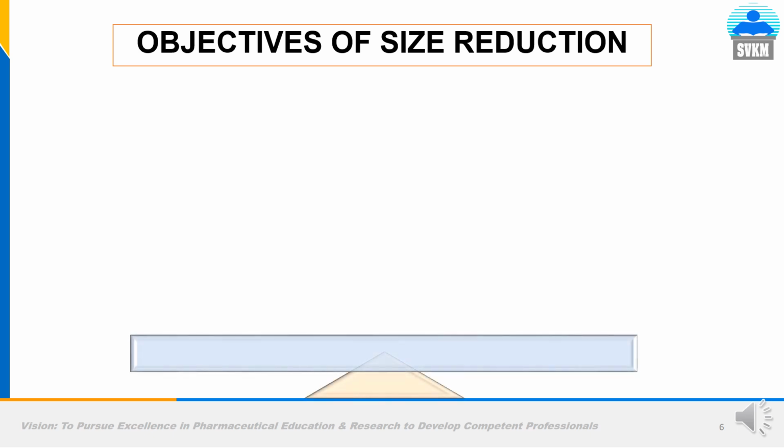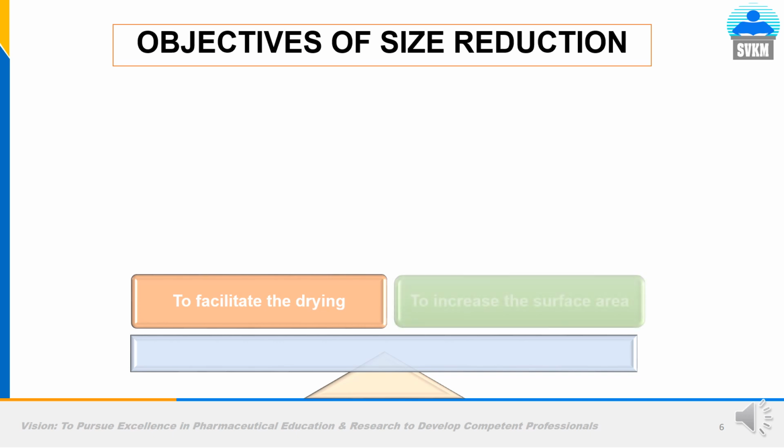Next, the objectives of size reduction. There are different objectives or aims of size reduction. First, to facilitate drying. Drying of a granular mass can be rapid and effective if the size of the granules is small and uniform. Such techniques are used in the production of tablets. As size reduction increases, the surface area also increases, and as the surface area increases, the rate of drying also increases.